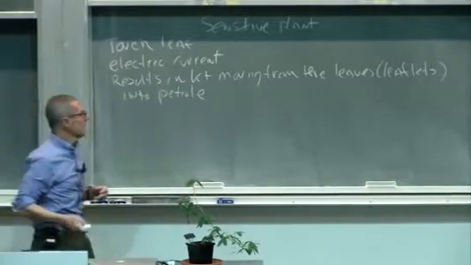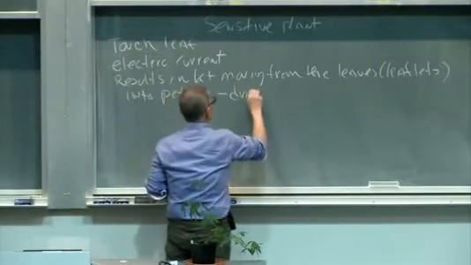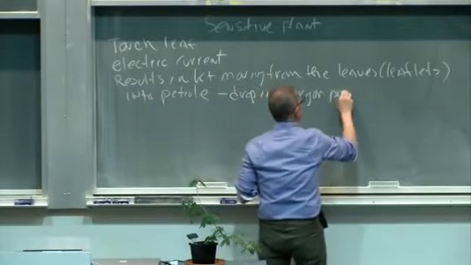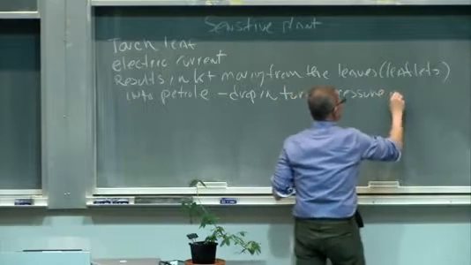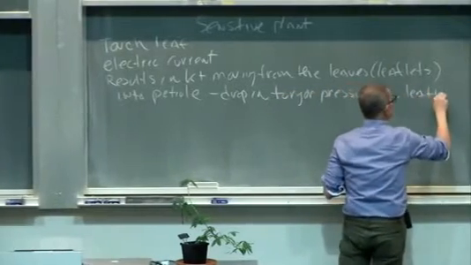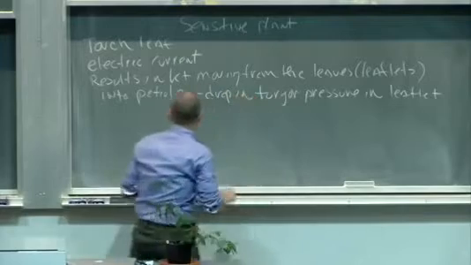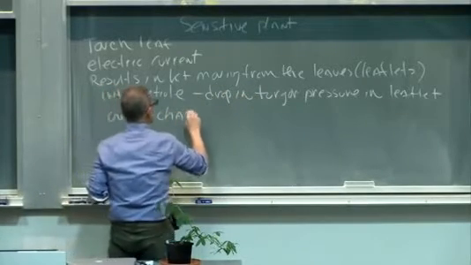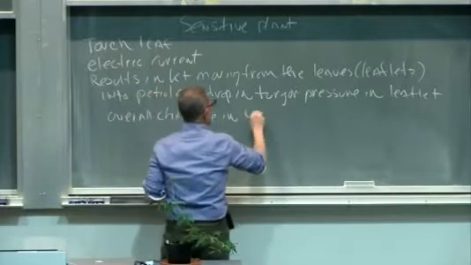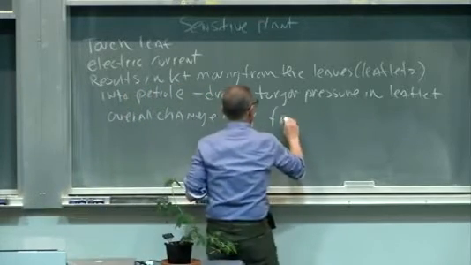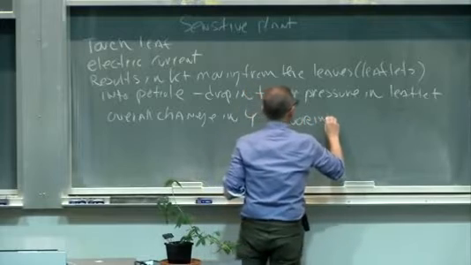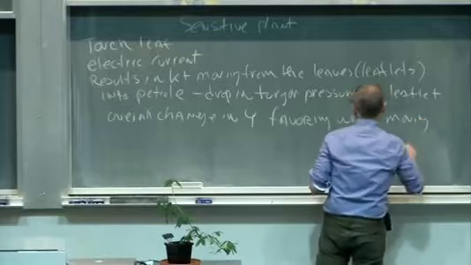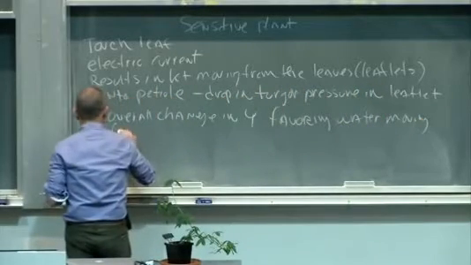And this is accompanied by a drop in turgor pressure in the leaflet, and an overall decrease, or an overall change, in psi, favoring water moving from the leaflet to the petiole.